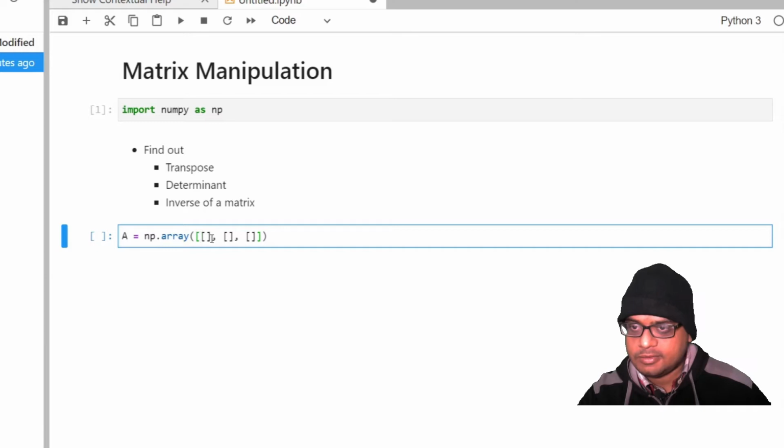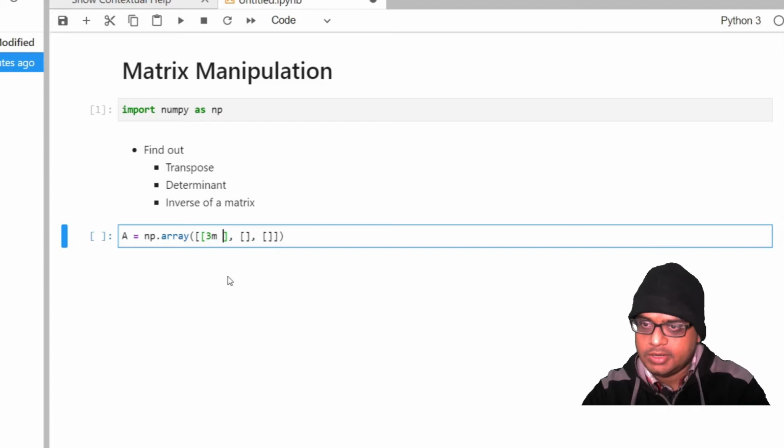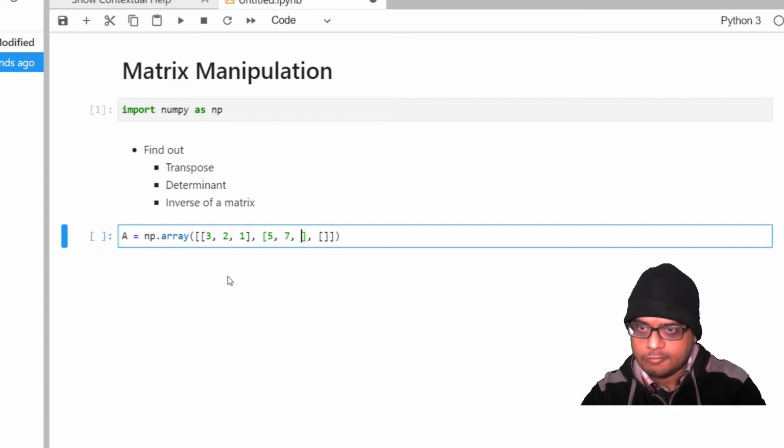Then we have this set, this set, and this set, so each of these 3 brackets stands for rows. So let me define 3, 2, 1, 5, 7, 4, and 9, 6, 8.